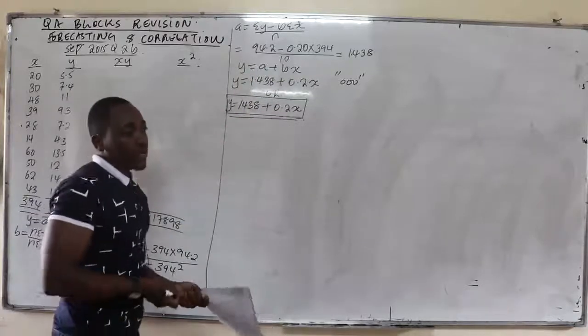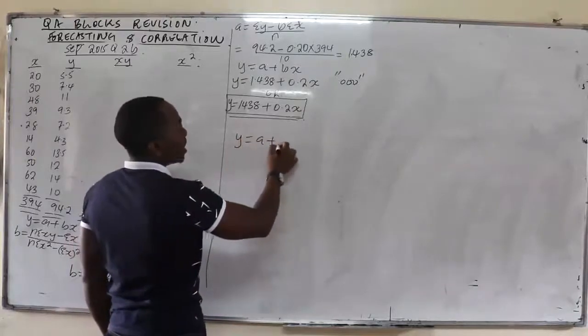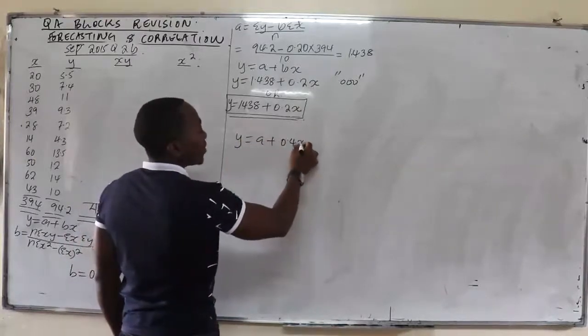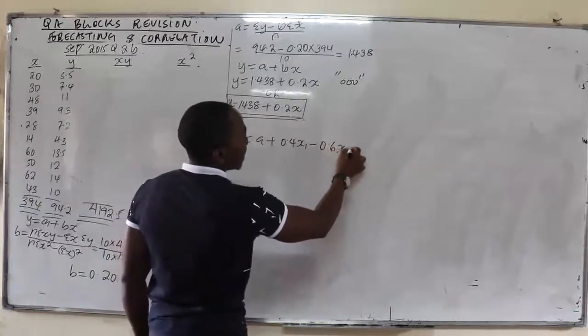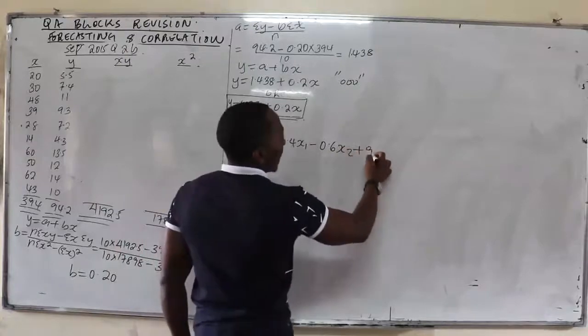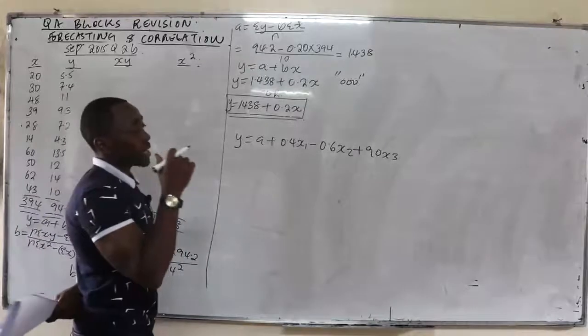So for example, if you're having a multiple equation that Y is equals to A plus maybe 0.4X1 minus 0.6X2 plus 90X3, assuming you have an equation like that, and then you're told to explain that equation.